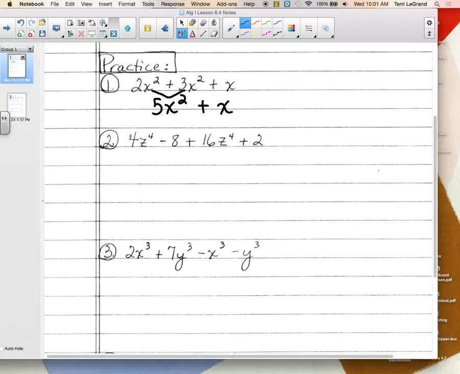Yeah, and so x's look alike, but one of them is being squared and the other one is not, so we can't combine them. So we would say this is our sum, because all we were doing in this one was adding. So our polynomial sum, it just became a what?